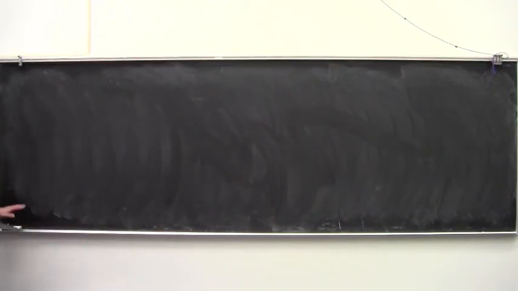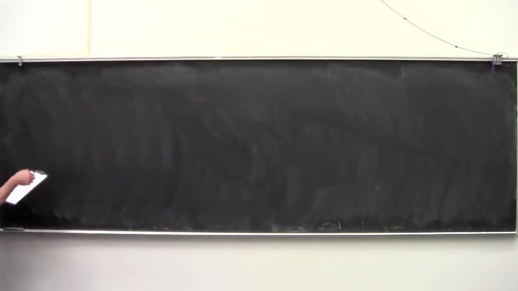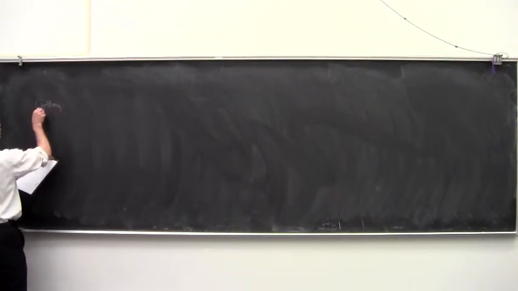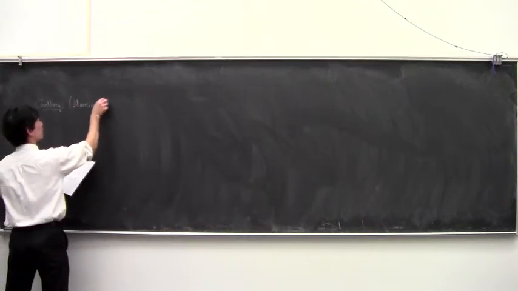So now we get a slew of immediate consequences, all of which are pretty cool. I hope we can get to a lot of them. So a bunch of corollaries. The first is known as Morera's theorem.